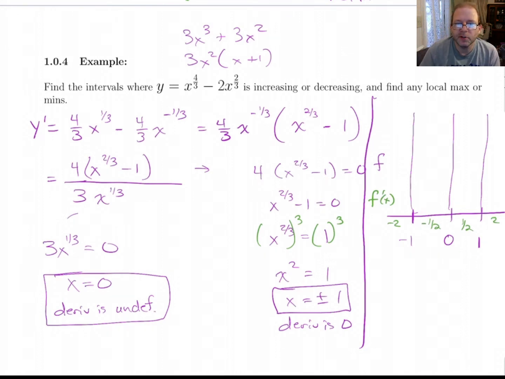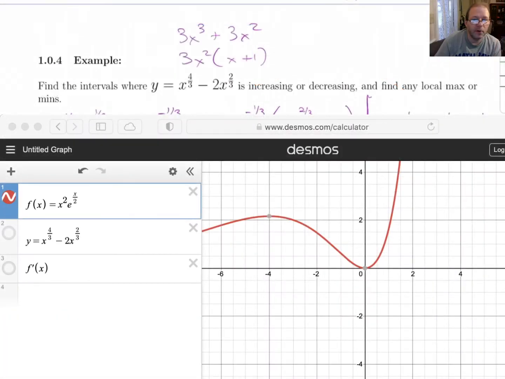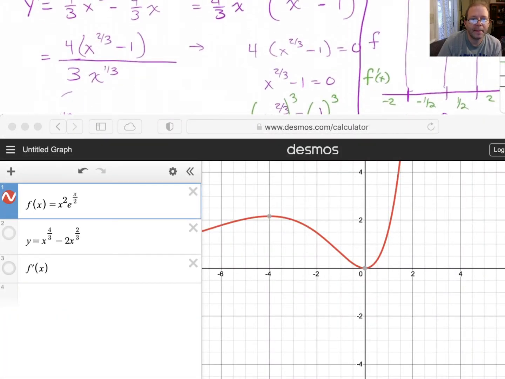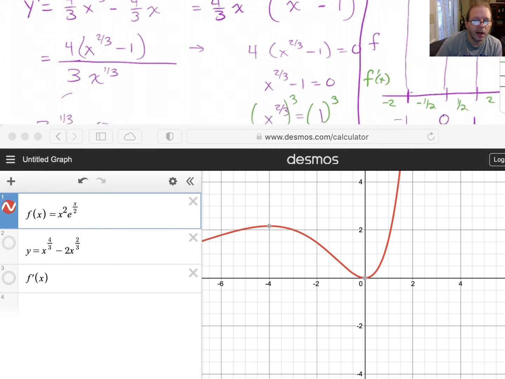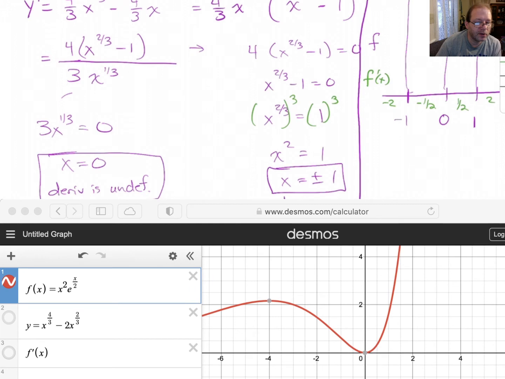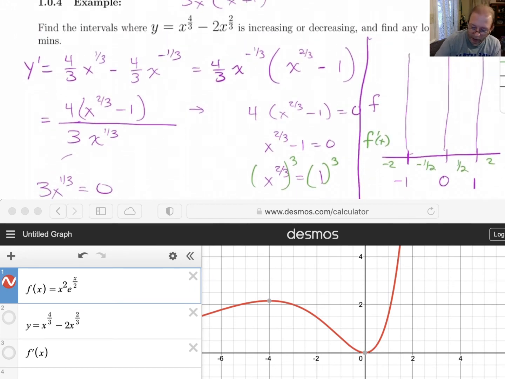Let's just get Desmos to graph this for us. Let's get them both up here at the same time. This is unfortunate. Well, here's what I can do. I can move this down a bit. All right, that's kind of crammed in there, but that'll work. Let's put our function in.